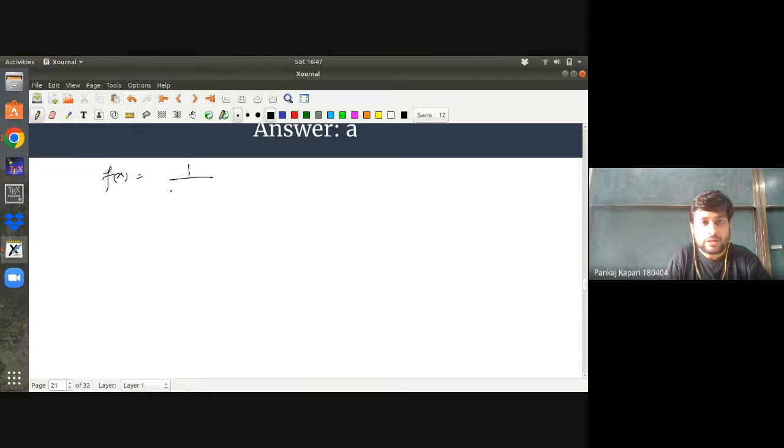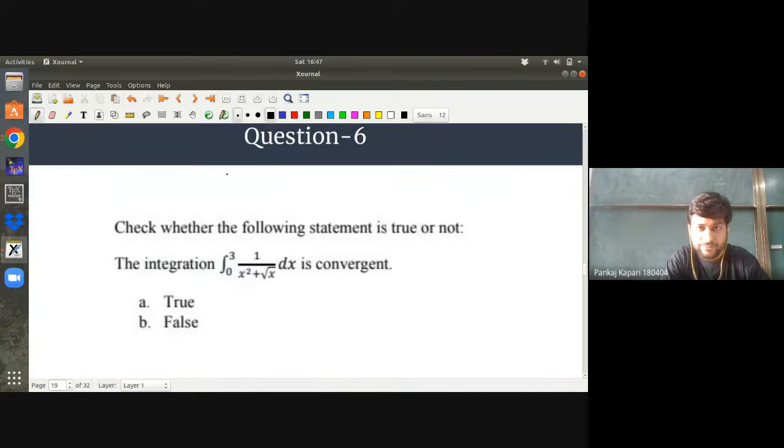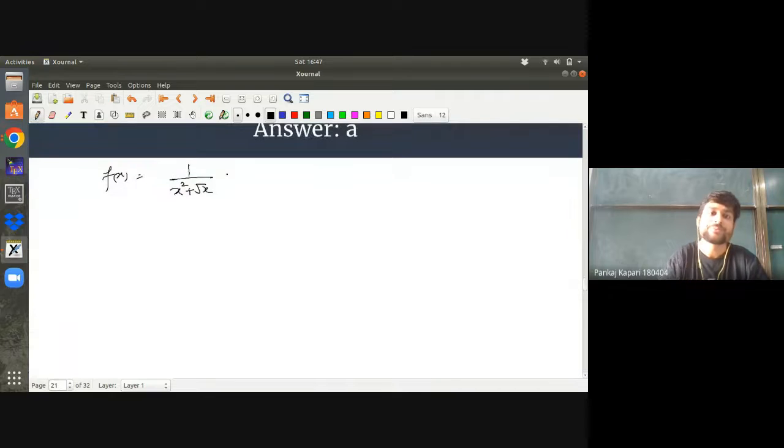It's 1 over x squared plus root x. This can be written as 1 over x to the power half, taking x to the power half common, times 1 plus x to the power 3/2. Now take your g(x) as 1 over x to the power half.